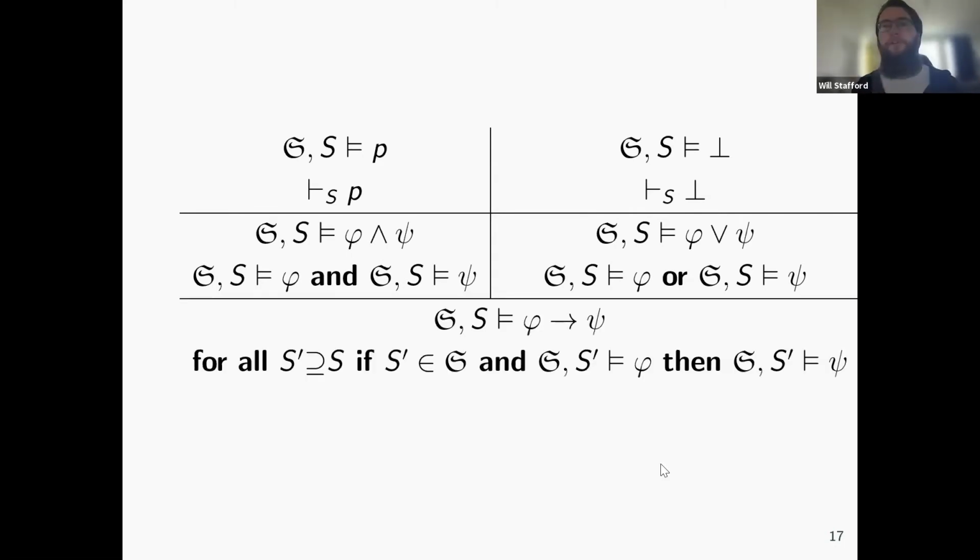The only one of these that's slightly tricky is what happens when we have an implication. So let's say I have a closed valid proof of phi implies psi. Well, what does that mean? It means I have a closed valid proof that ends in an introduction. And that means I have an open proof that has phi as an assumption and psi as a conclusion.